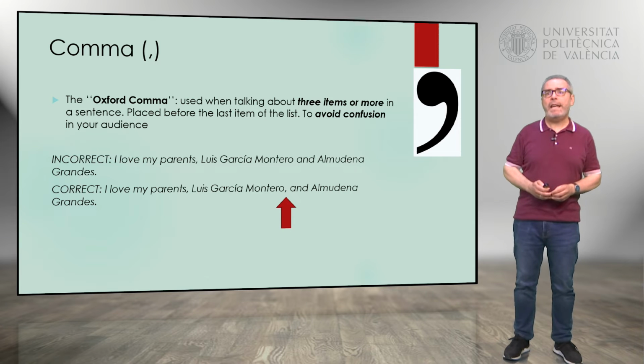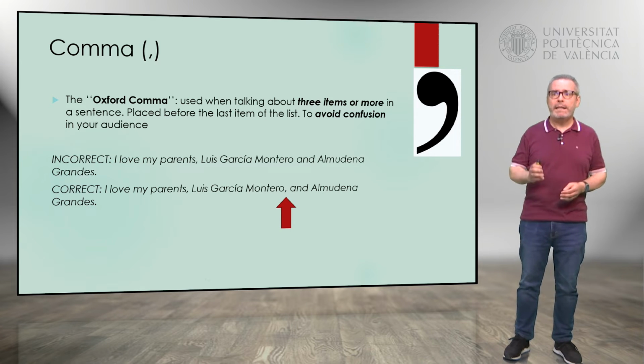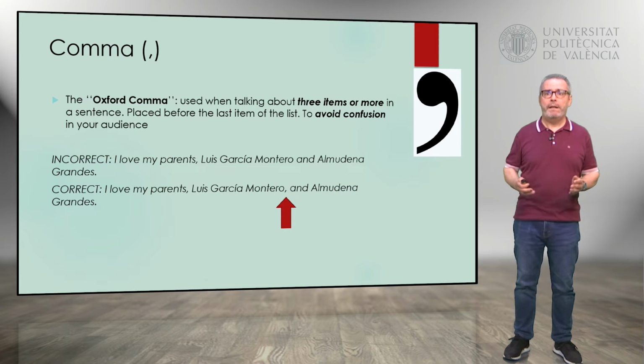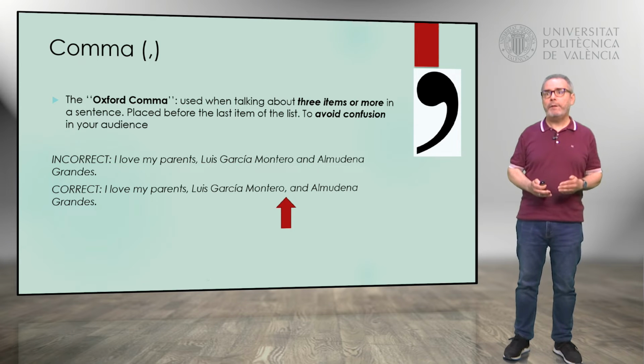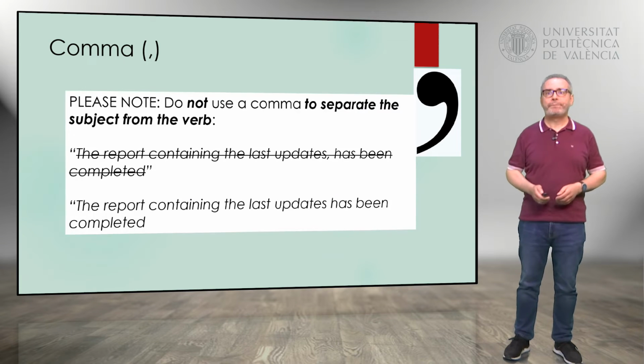If we say, I love my parents, Luis García Montero and Almudena Grandes, the comma there may imply that my parents are Luis García Montero and Almudena Grandes, who actually were married. But in order to avoid this meaning, we use the Oxford comma, and we would write, I love my parents, comma, Luis García Montero, comma, Oxford comma, and Almudena Grandes. This is a specific use of comma.